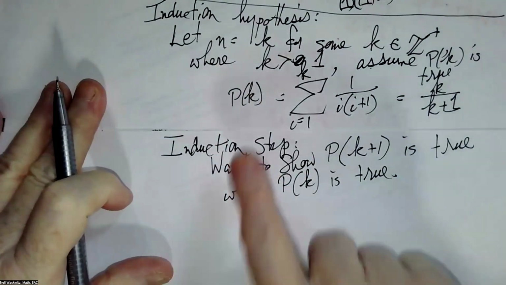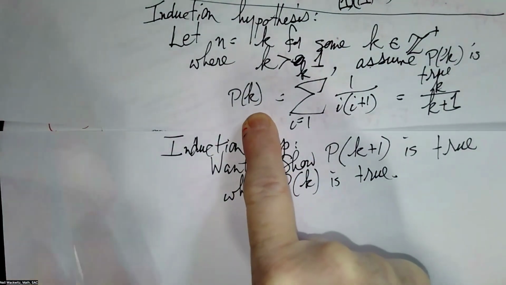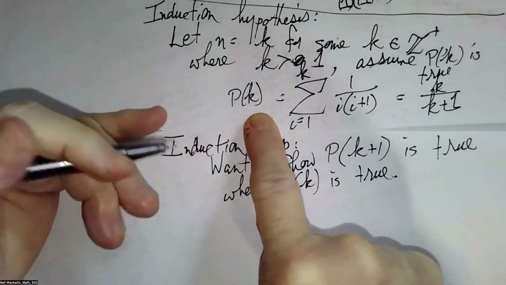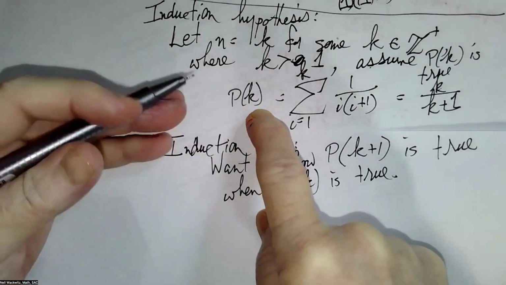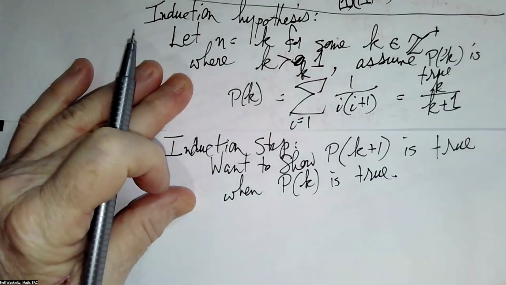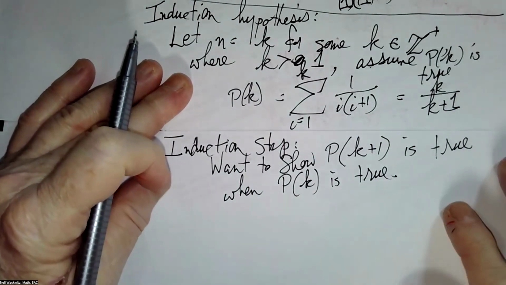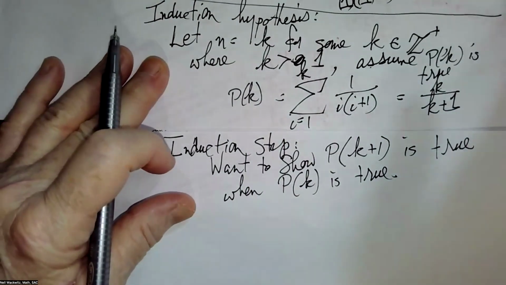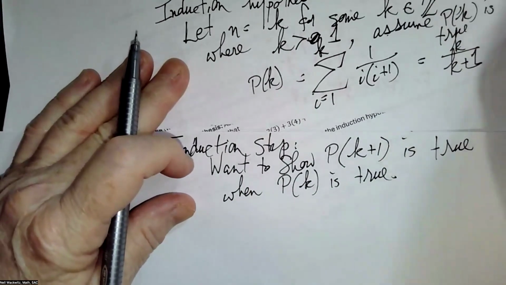So we want to show that if we start at any step along the way, that we can get from that step to the next one. And then we've done it. It's kind of an amazing sort of thing.